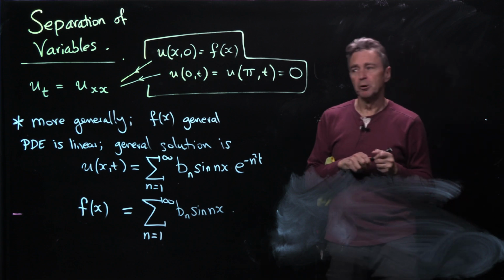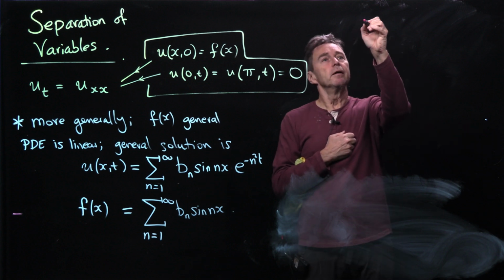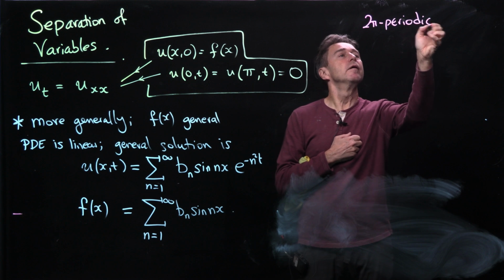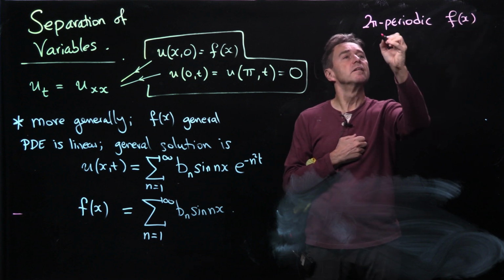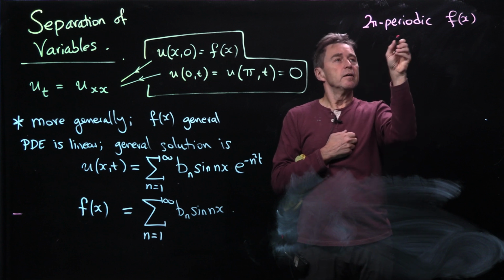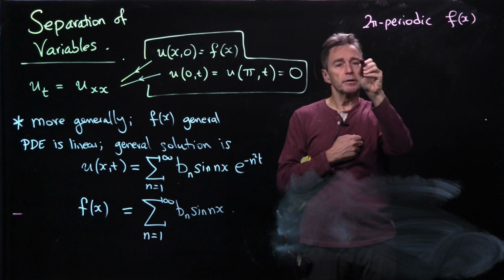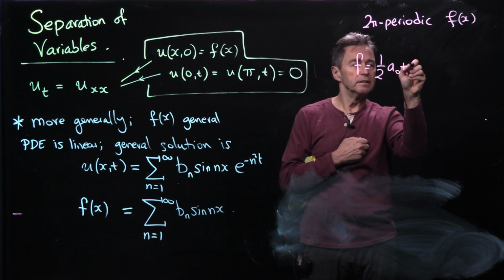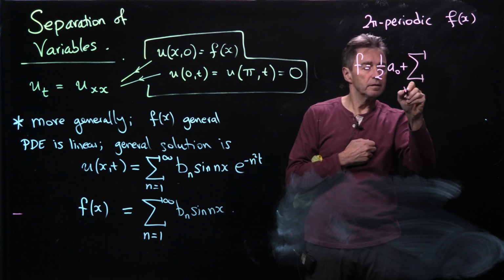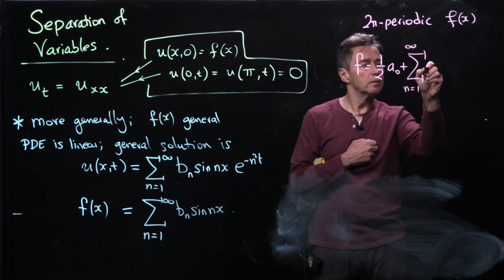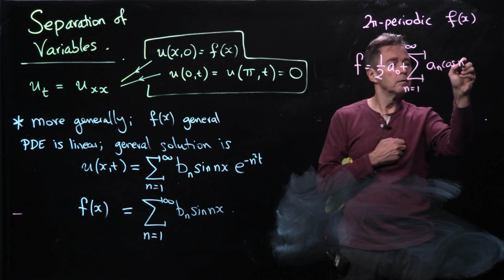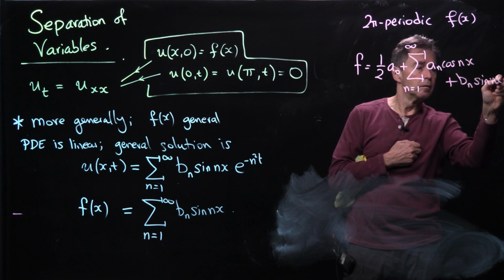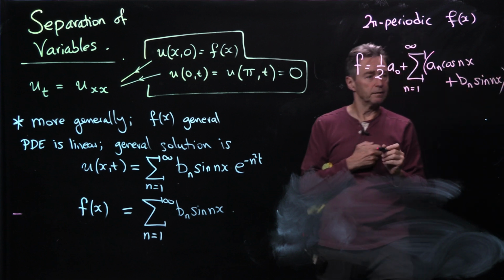Let's go with lurid pink. Okay, 2 pi periodic f of x. If I have this 2 pi periodic function, then its Fourier series is this. That's the full Fourier series.